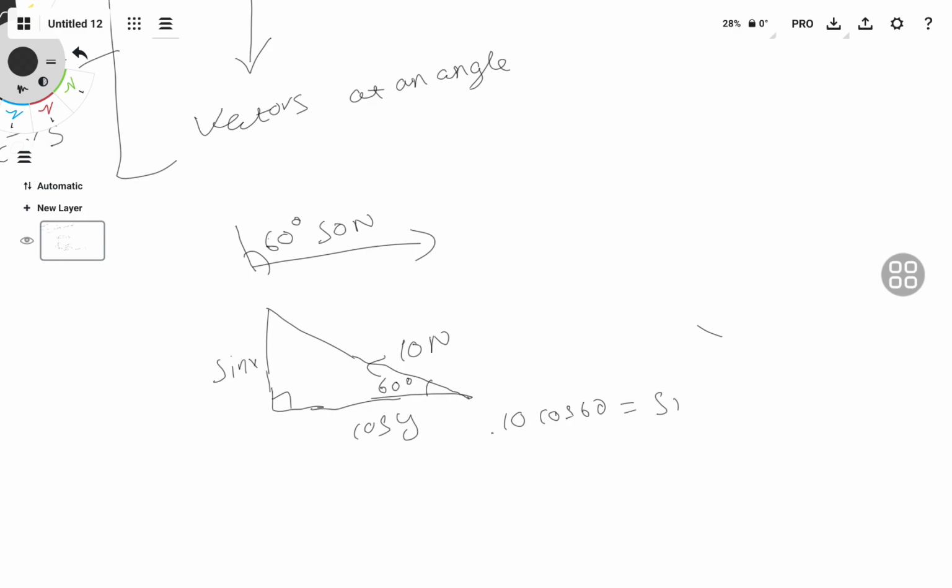This will be 5 Newton in the horizontal direction. In the vertical direction we will have sine, which equals 7.6.